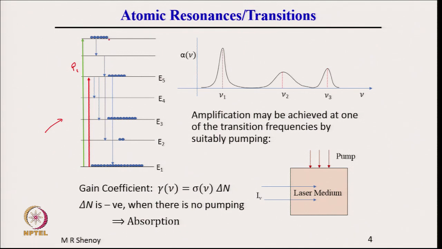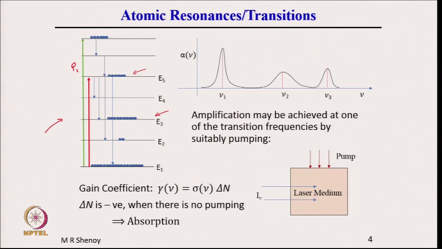Then the atoms which are excited to the higher state would make downward transitions with different probabilities. Accordingly, different levels are characterized by different lifetimes, and depending on the lifetime there may be building up. For example, in this diagram E3 and E5 there is accumulation of atoms taking place.